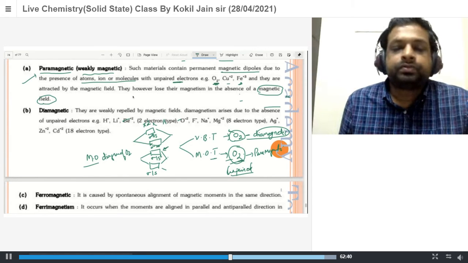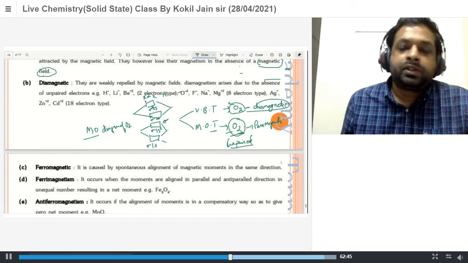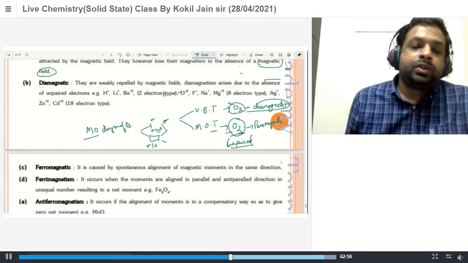Now let's see another type of compound which are diamagnetic ones.